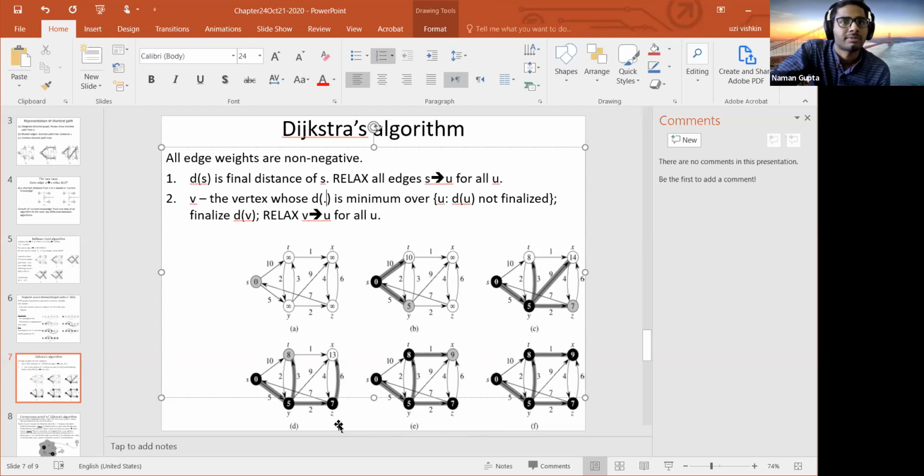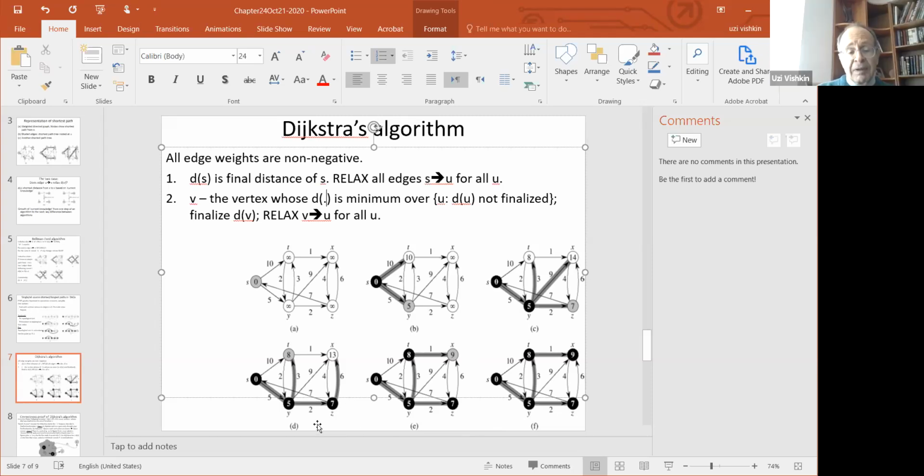D. At D, the current situation is the following. We already finalized S, Y, and Z, right? They are black. What's going on at this stage is we choose the 8, we finalize it, and we update the distance to X. So we finalize T, and that's what's going on here in step D.